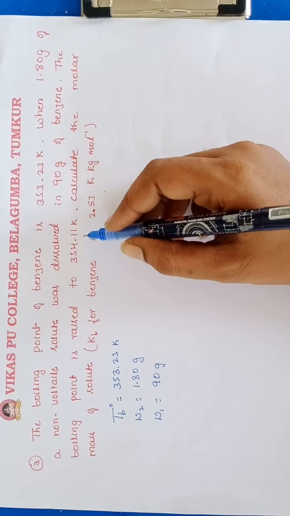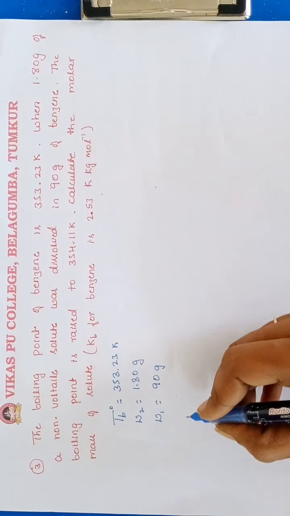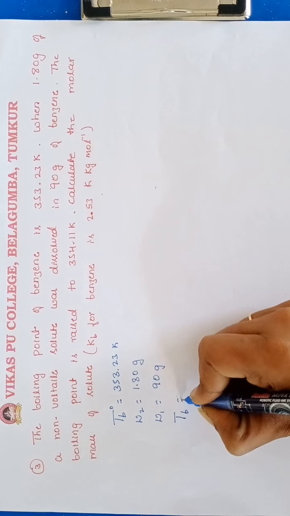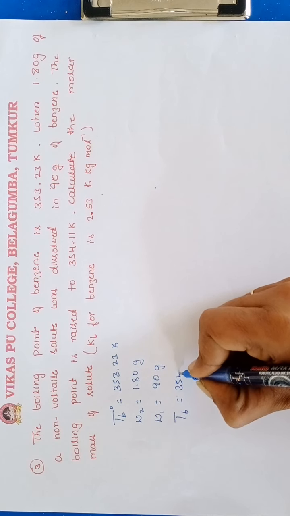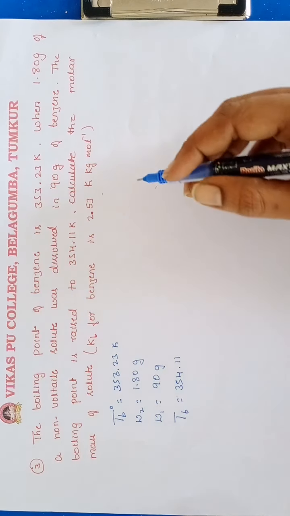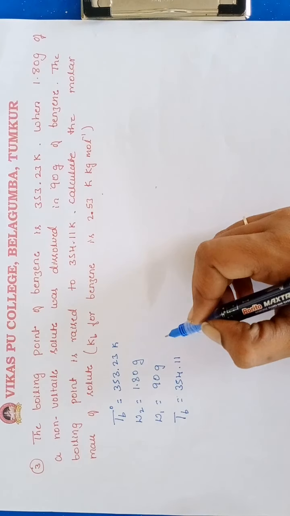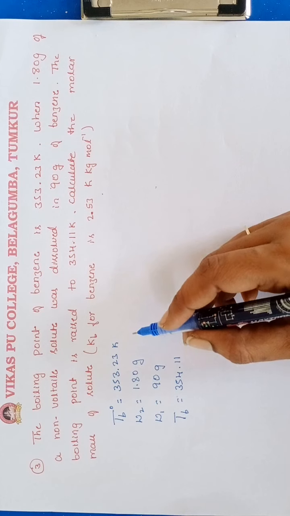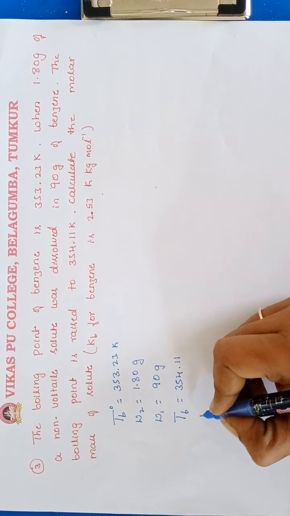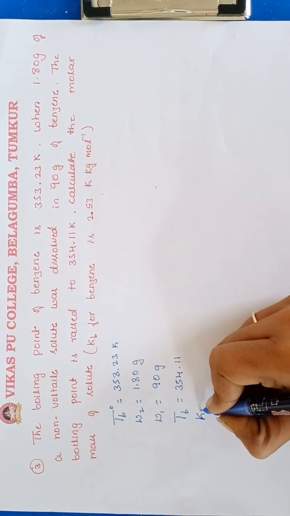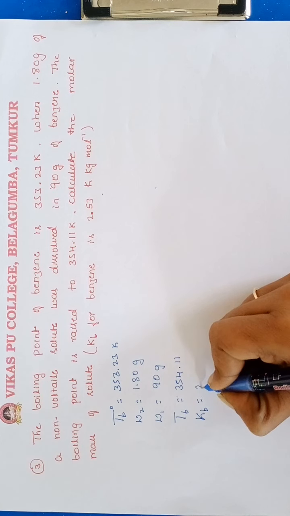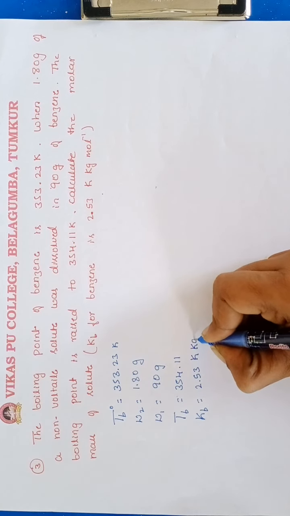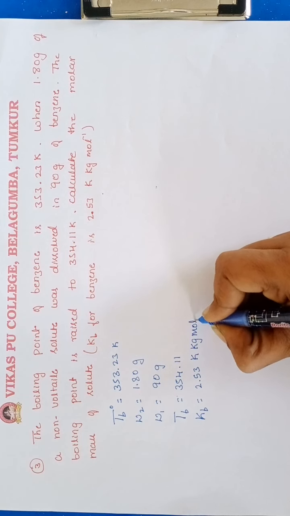This is the boiling point of the solution, which we take as TB. TB is equal to 354.11. Calculate the molar mass of the solute, that is M2 we should calculate. The Kb given is 2.53 Kelvin kg per mole.